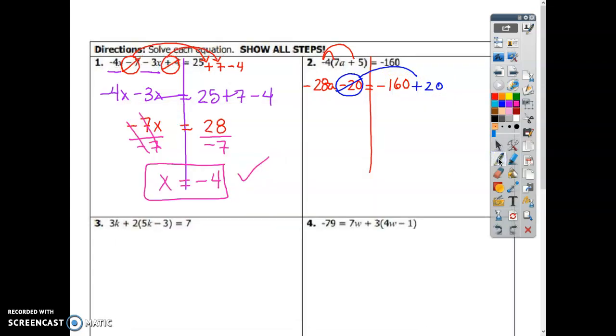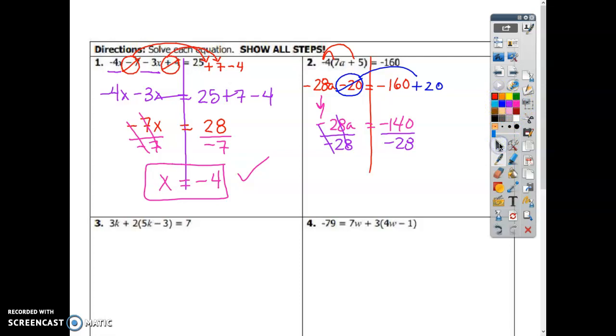So I have, bring this down, negative 28a equals negative 140. And then the last step is to divide both sides by negative 28 so that it cancels.